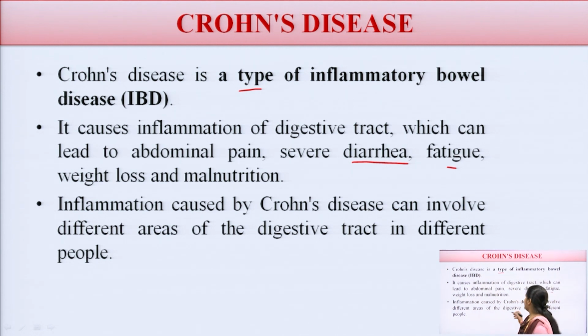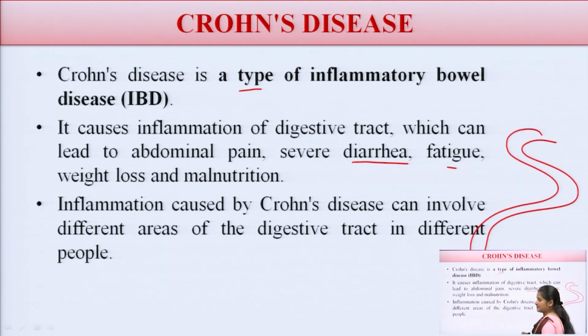So Crohn's disease occurs just like this. This is the small intestine. Let's take the example of the small intestine. Whenever Crohn's disease occurs, it occurs in different segments, in alternating segments.